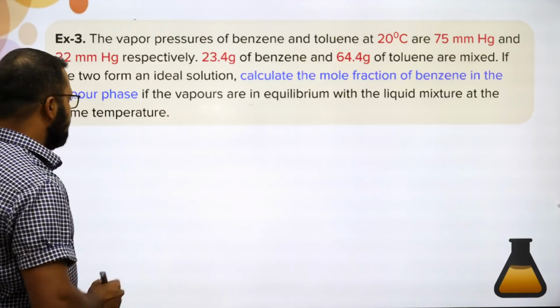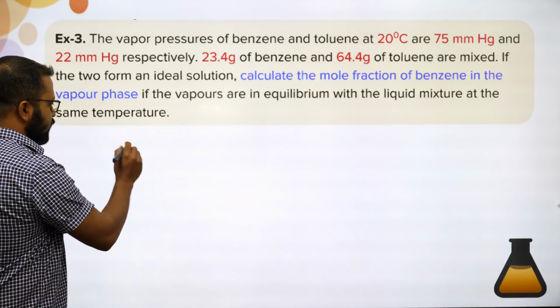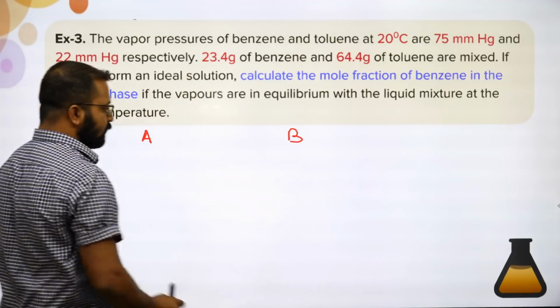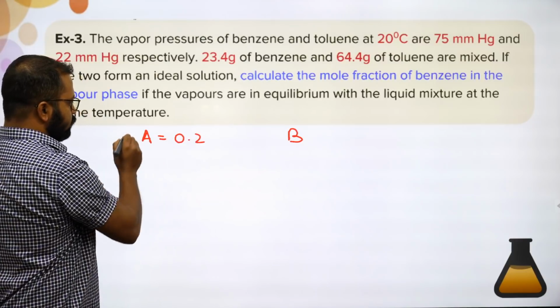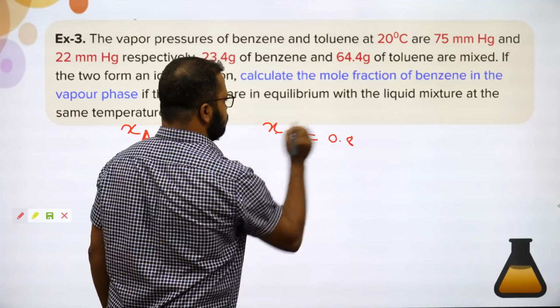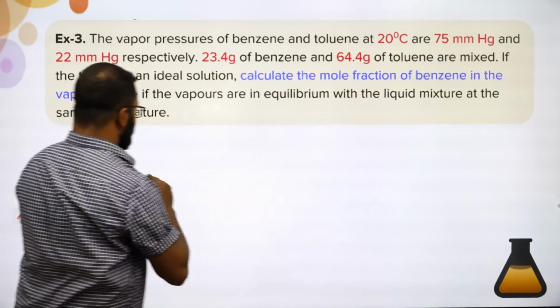Suppose I'm just giving you an idea. Suppose I have two liquids A and B. Let's take some simpler values.